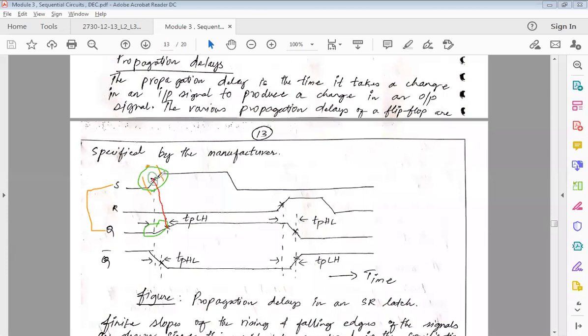Are you following, students? Yes, sir. But what has happened? The point has shifted to this point. So this difference that you see between this point and this point is nothing but your propagation delay taken while moving from a low value to a high value.